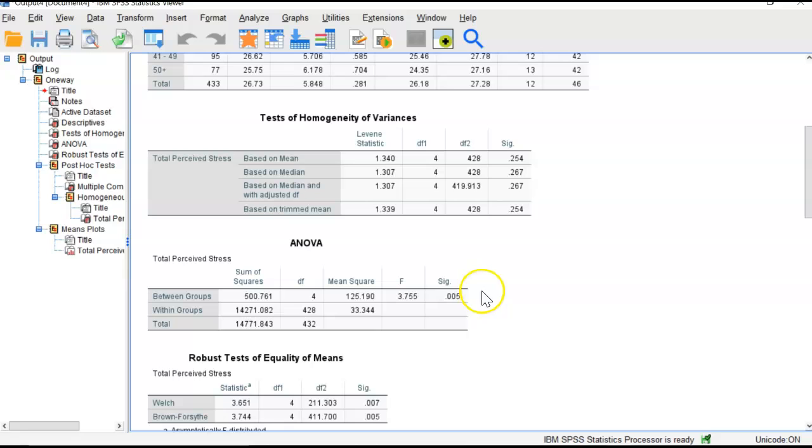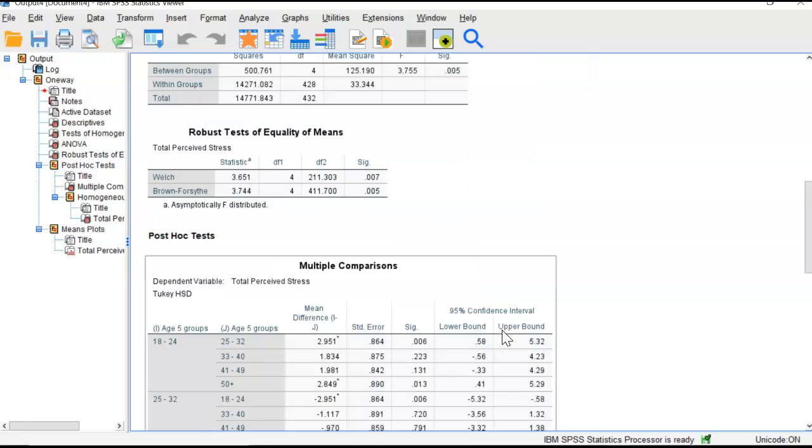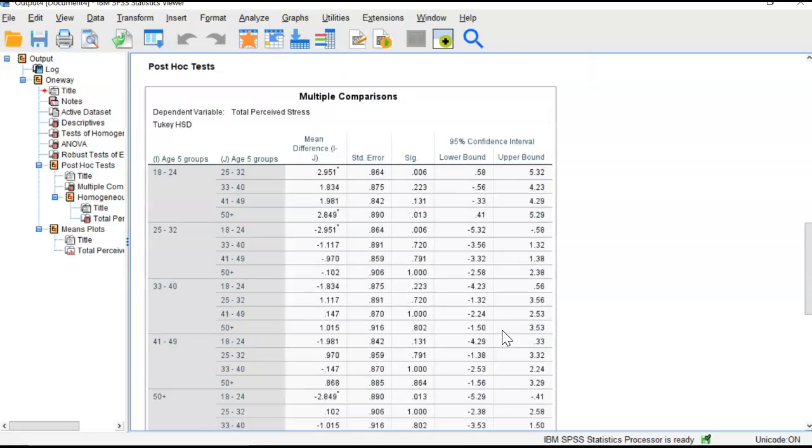And the answer is yes. So you've got your F value. The significance level is, you ask the question, is it below 0.05? It is. So what you have then is a significant group difference. Now we have to suss out where. And that's why you ask it to do post hoc test.